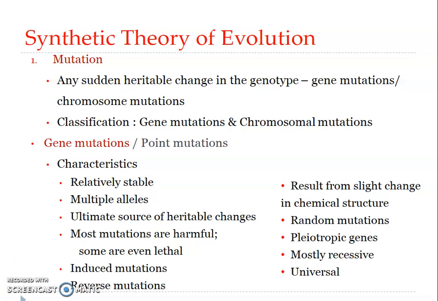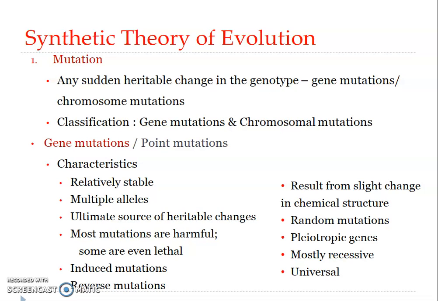Among the processes upon which the synthetic theory of evolution is based, the most important one is mutation. Now, what is mutation? Mutations are any change in the genotype. In a wide sense, it can be referred to as a mutation.